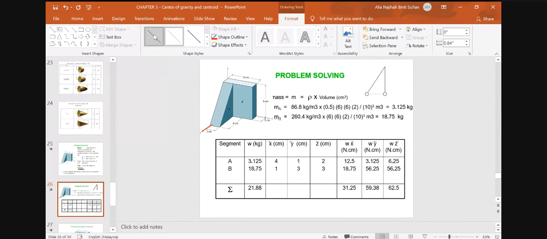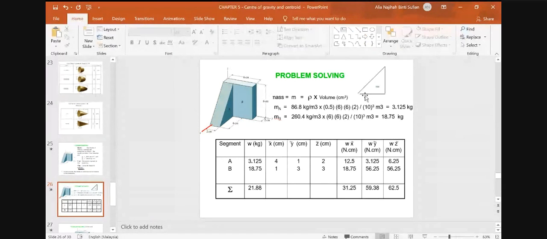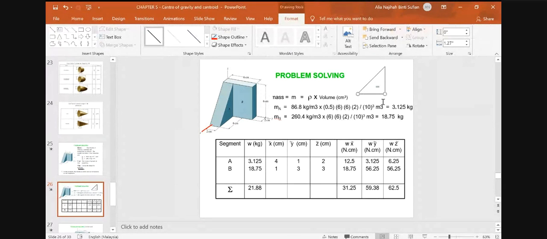When we have a triangle like this, with sides 6 and 6, the centroid is somewhere here, where x bar is equal to 1/3 of its base and 1/3 of its height.